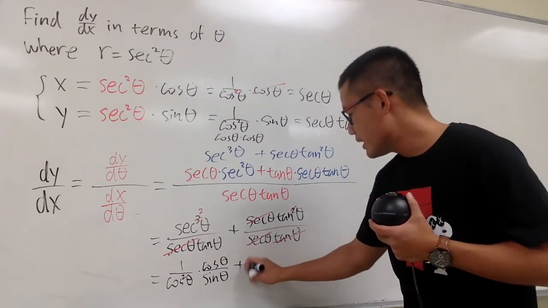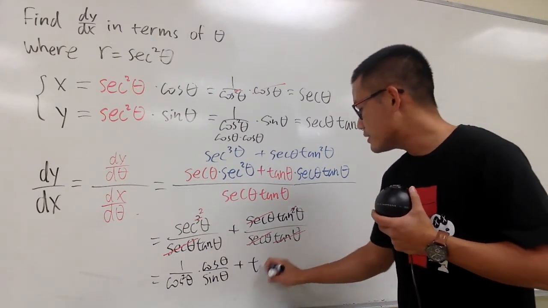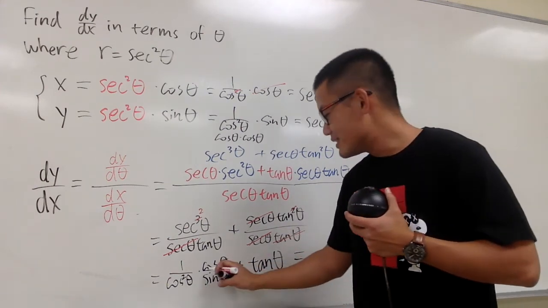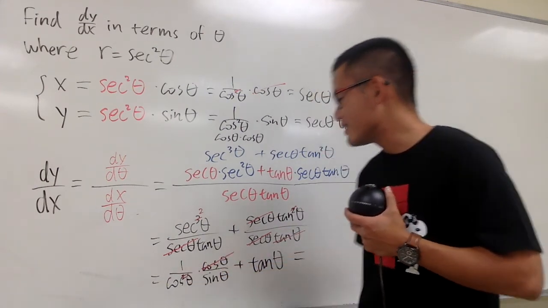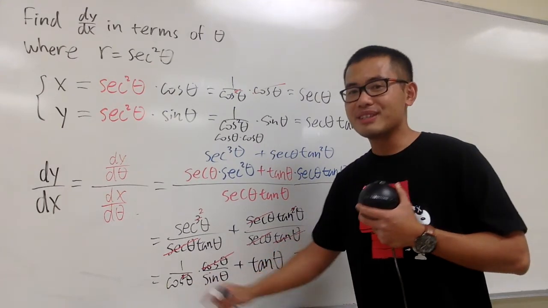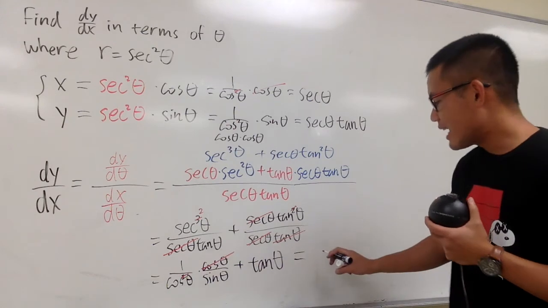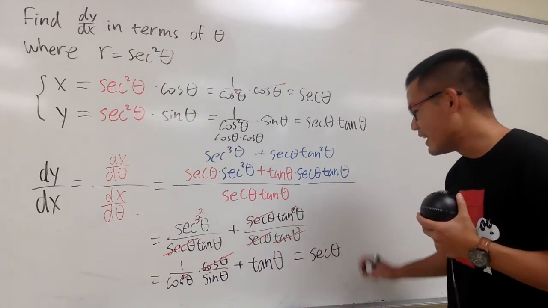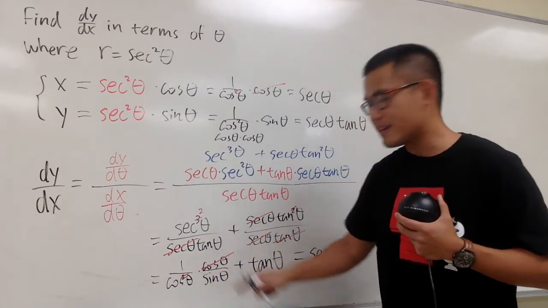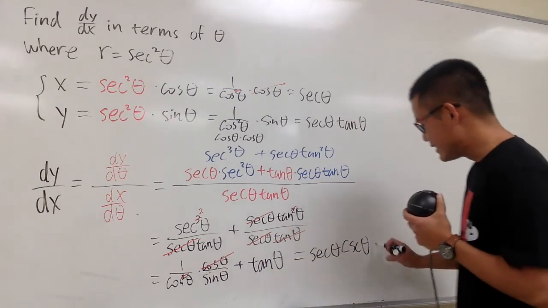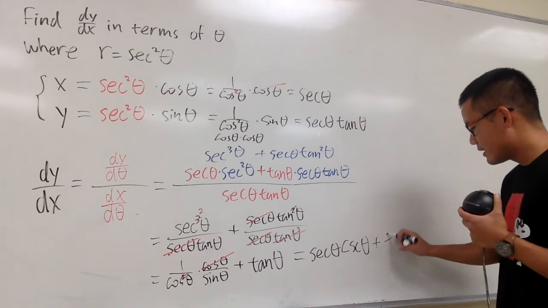For this, plus, I'm just going to keep it as it is, tangent theta. Right here, as you can see, cosine cancels out, but we still have one more left. Anyway, we have 1 over cosine theta, that's secant theta, and then multiplied by 1 over sine theta, which is cosecant theta. And then we add it with tangent theta, right?